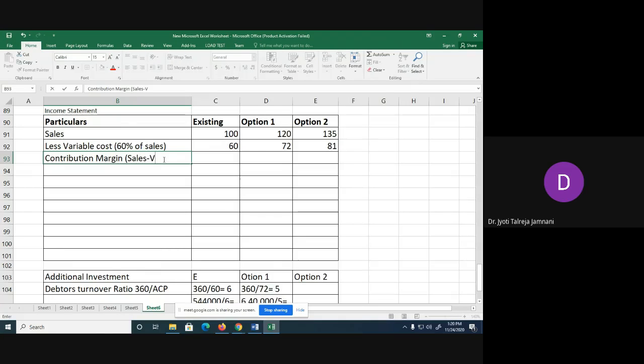Sales minus variable cost. So 100 minus 60 is 40. 120 minus 72 is 48. And 135 minus 81 is 54. So these are the three options. So we get the contribution.